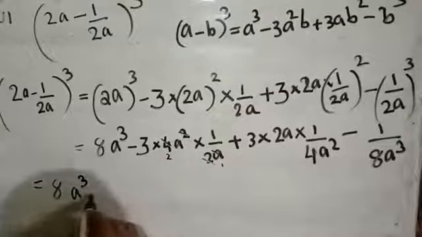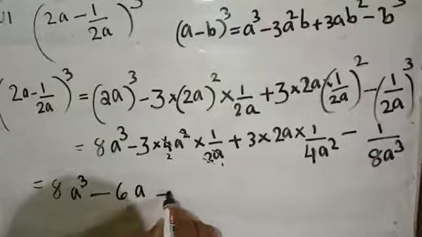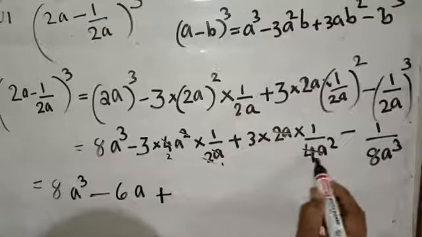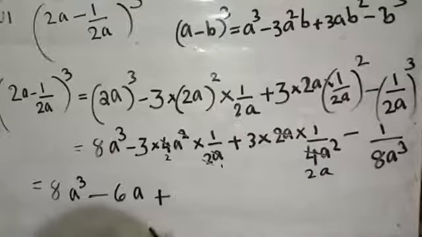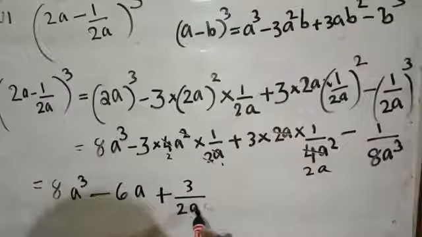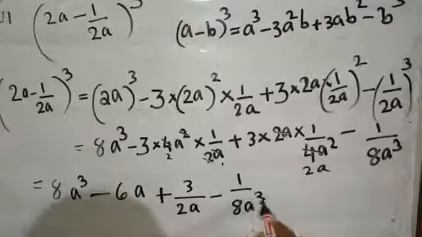So minus 6a plus here 2a get cancelled. Here 2 2s are 4, 1a and another a is cancelled. So 3 by 2a minus 1 by 8a cube.